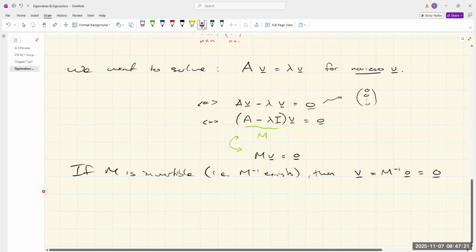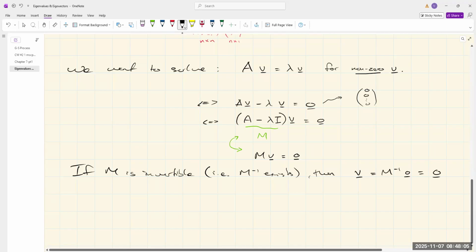Do we want a zero solution? We want a non-zero solution. So we only get the solutions we are looking for if M is not invertible. You are all so used to wanting the matrix to be invertible, but now this is a change. Now the condition is that the matrix M cannot be invertible.